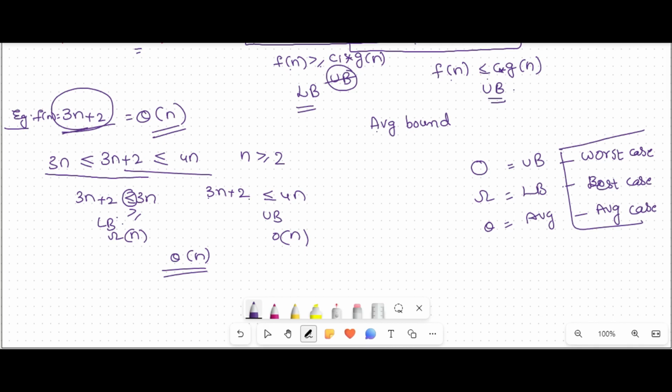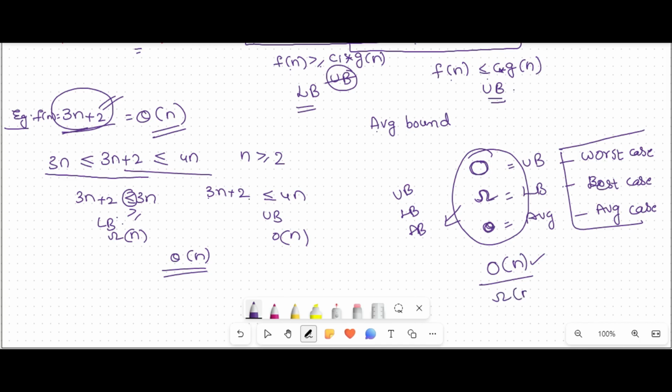These are the notations to say a given function's upper bounds, lower bounds and average bounds. So the time complexity you can say in terms of big O notation, omega notation or theta notation, any one. If you say order of n, it means the upper bound for the given function is order of n.